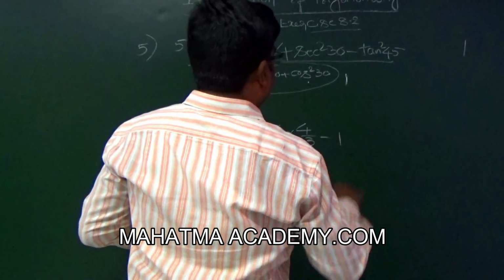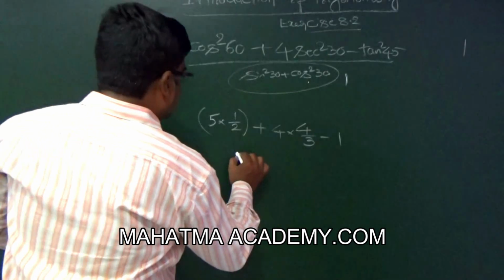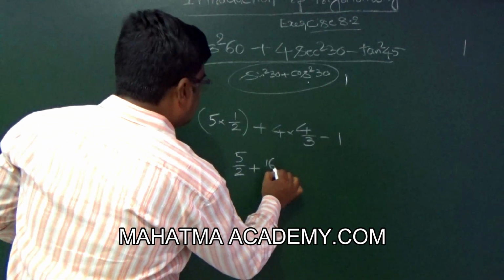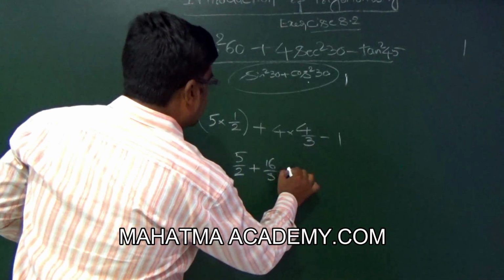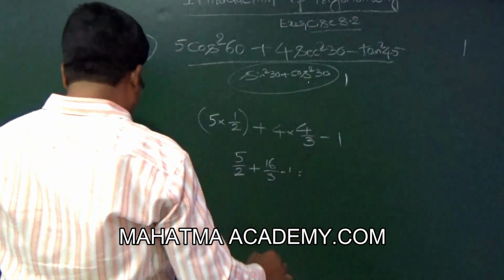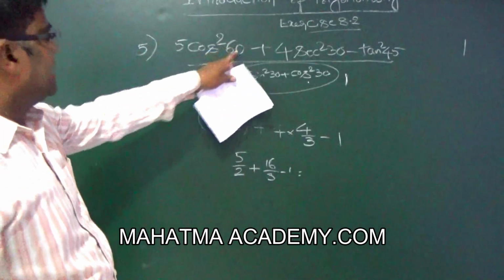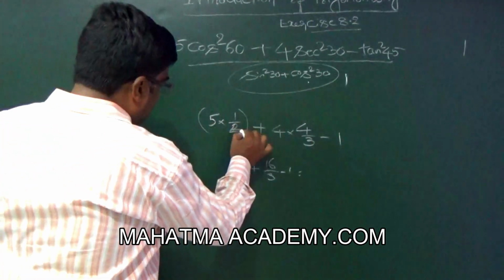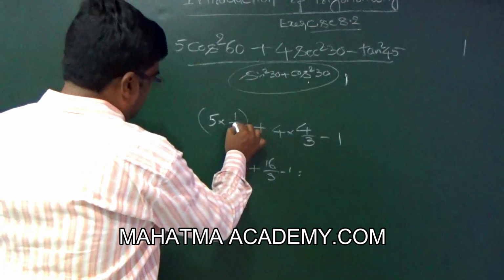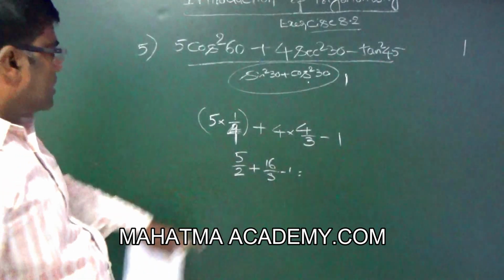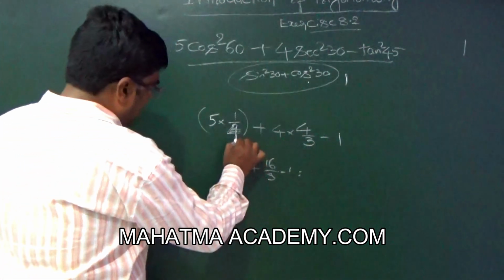Minus tan square 45, which is 1. So 5 by 4 plus 16 upon 3 minus 1.